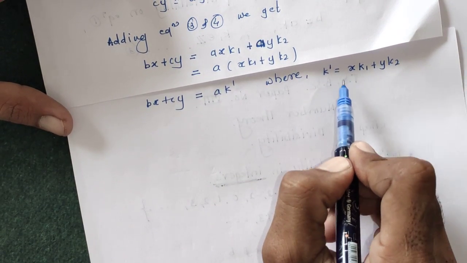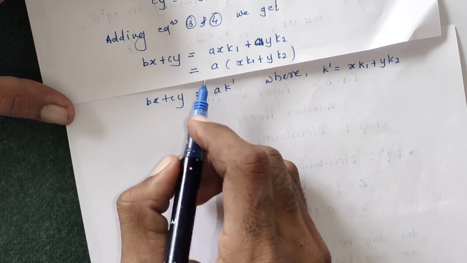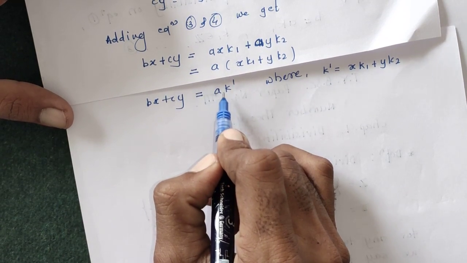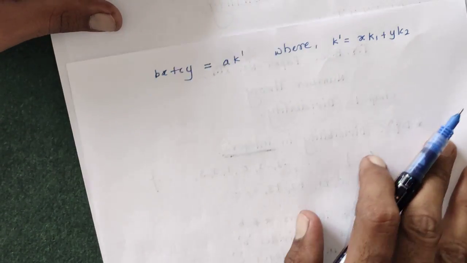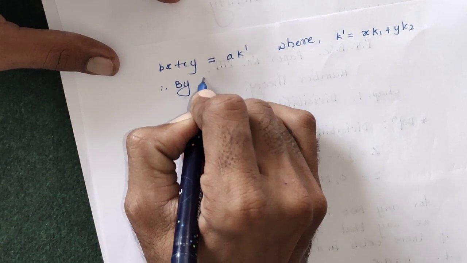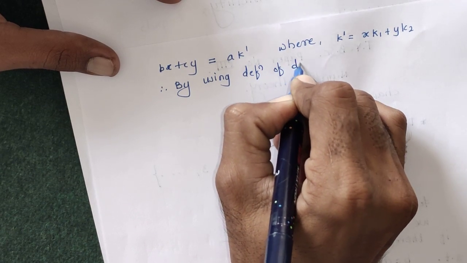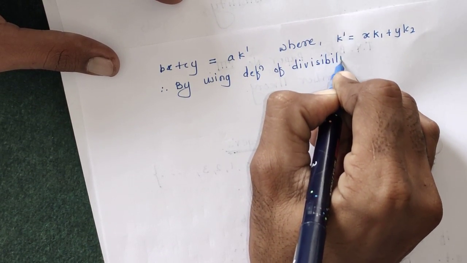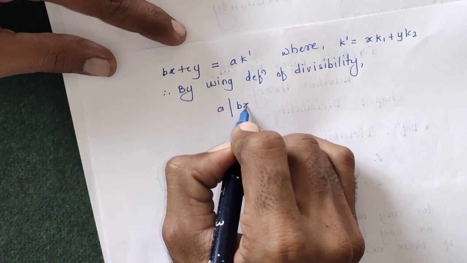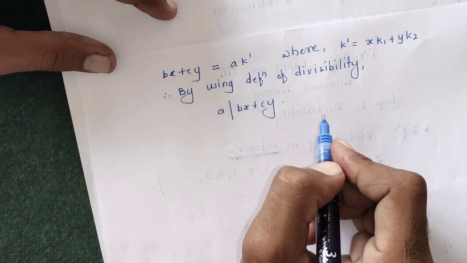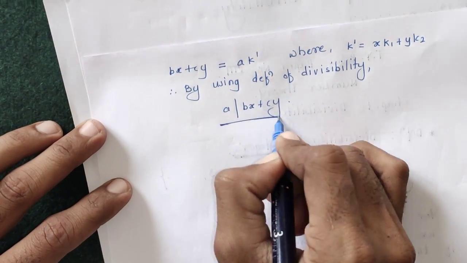Therefore, by the definition of divisibility, since Bx plus Cy is written in the form A into some integer, that is, Bx plus Cy is a multiple of A, we write A divides Bx plus Cy. Hence the proof of the third statement.